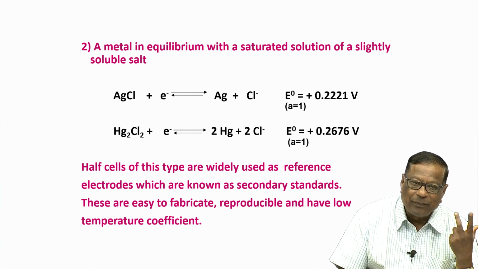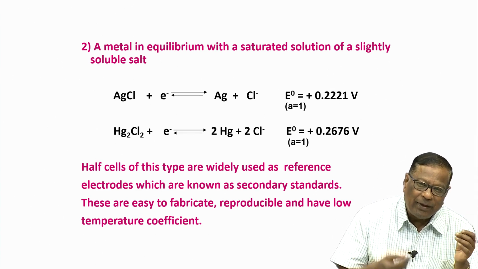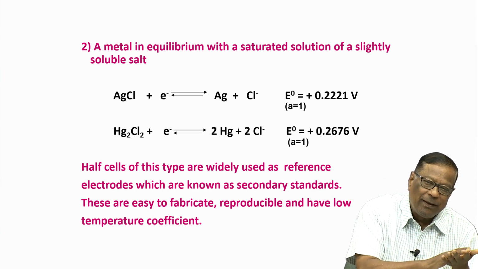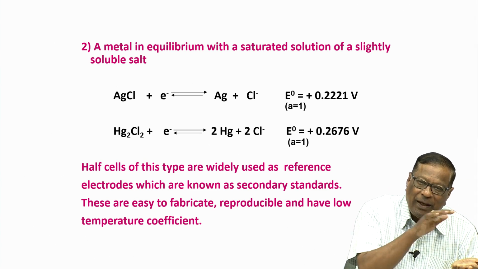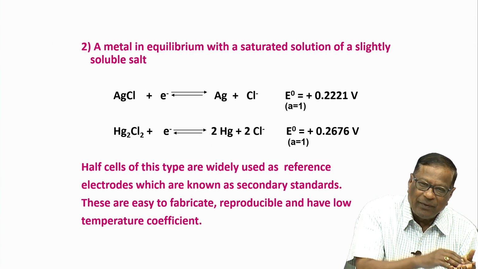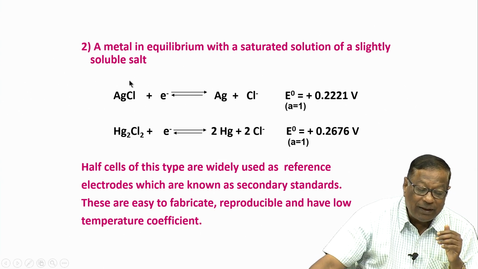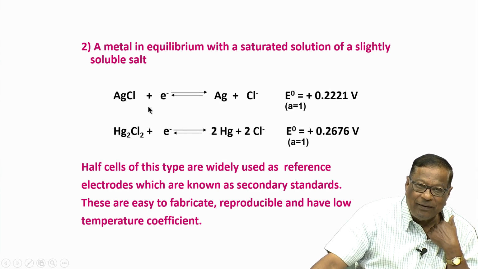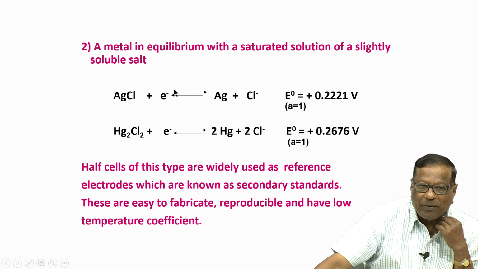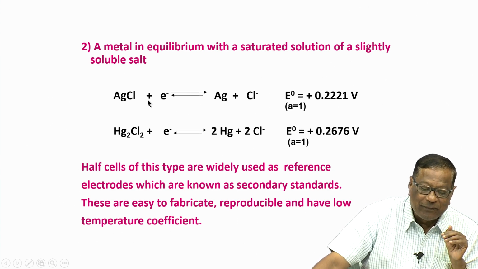The best example I can give you is silver chloride. You take silver chloride and put it in water. A little bit of silver chloride will dissolve, the remaining will settle at the bottom, and I dip a silver electrode in that solution. So, a silver electrode dipped in a solution of silver chloride is an electrode of the second type. Because it is a sparingly soluble salt, it is a saturated solution.